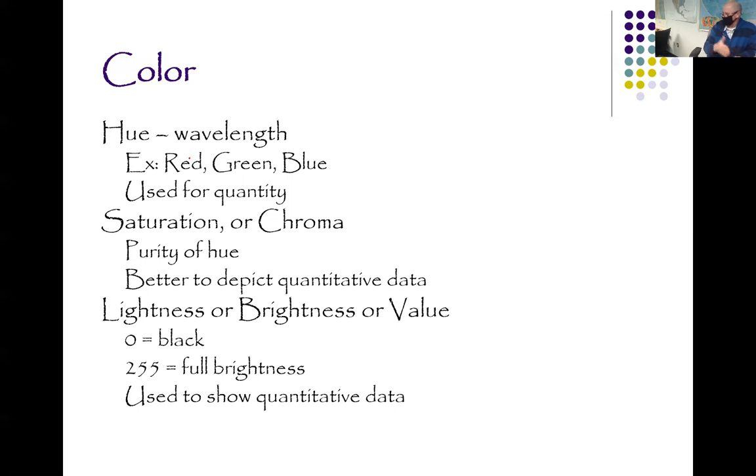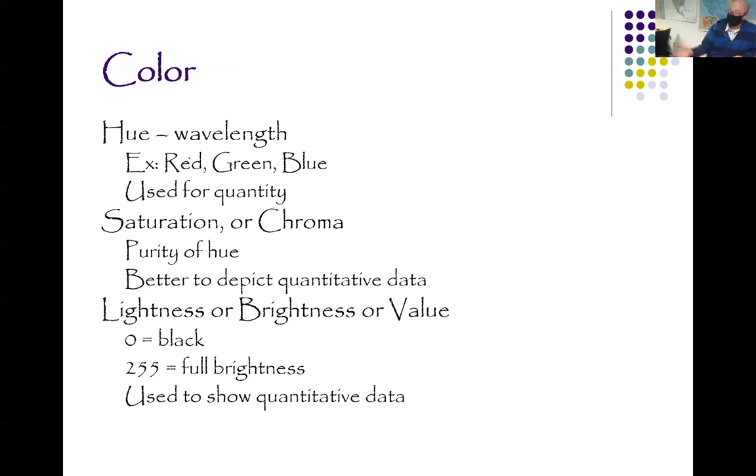So 256 times 256 times 256 gives you all the possible color combinations you can have, which is 2 to the 24th, about 16.7 million colors, which is enough, right? I mean, that could show just about what you want for a map anyway.